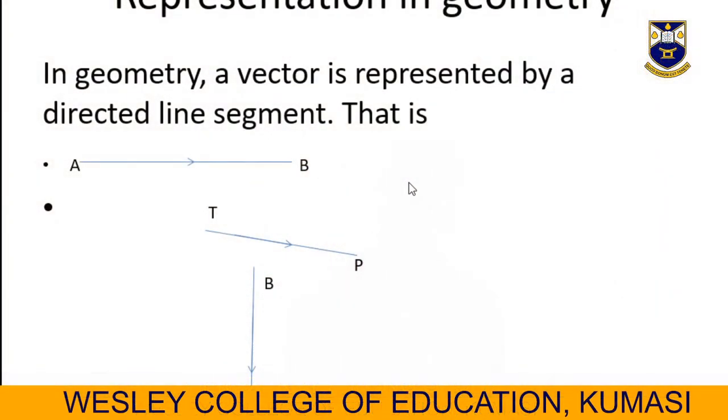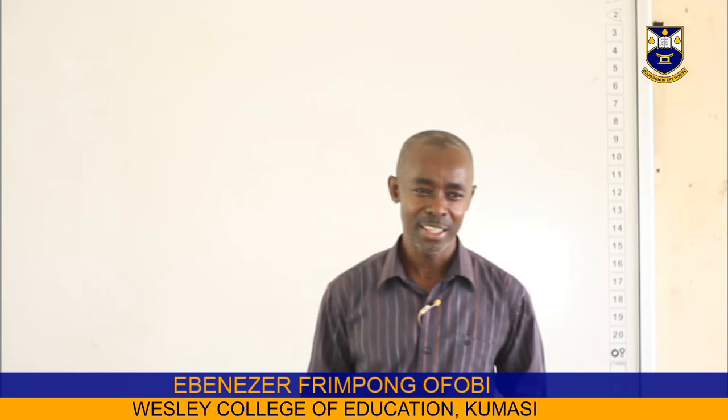By directed line segment I mean any line segment drawn with an arrow on it. The length of the line gives you the magnitude of the vector itself, and where the arrow points gives you the direction, making it a vector quantity.